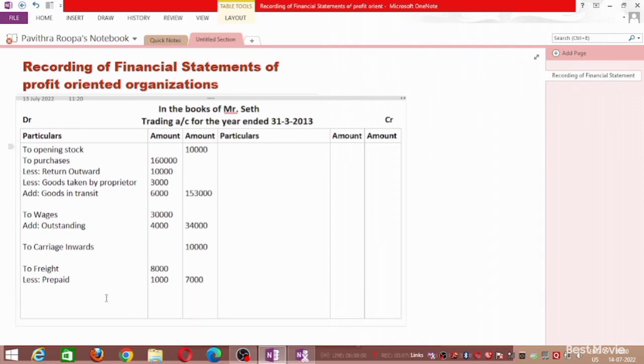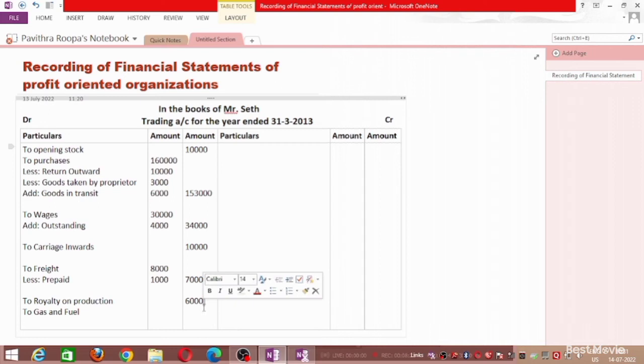Next, to royalty on production. No adjustment, writing in the outer column. Amount is 6,000. Next, gas and fuel. Amount is 2,000. No adjustment for this. So these are the expenses whatever they had given. Debit side we have completed.